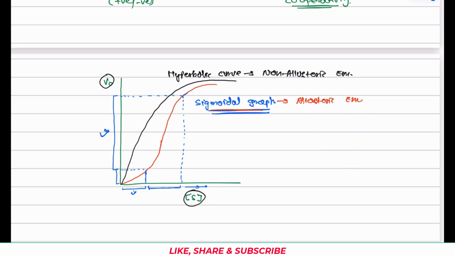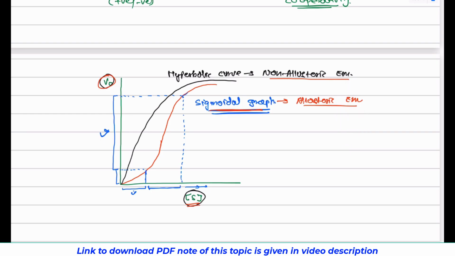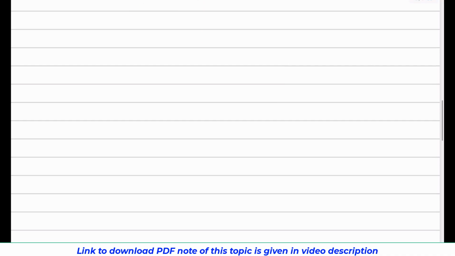So if you want to find out whether a particular enzyme is allosteric or not, you can simply measure velocity with various substrate concentrations and draw this graph. If it is a sigmoidal graph, then it is an allosteric enzyme, and if it is a hyperbolic curve, it is a non-allosteric enzyme.